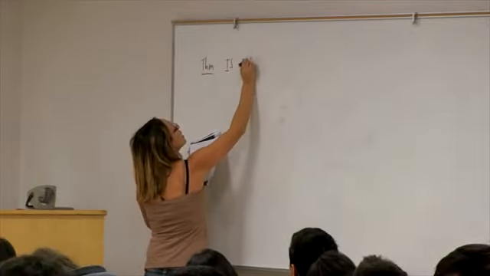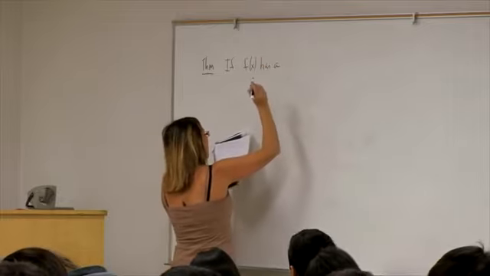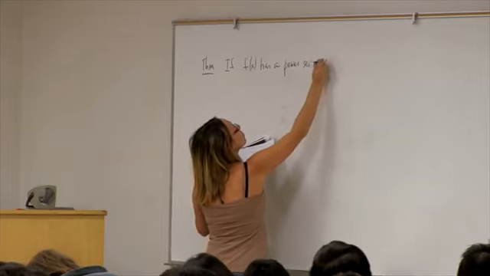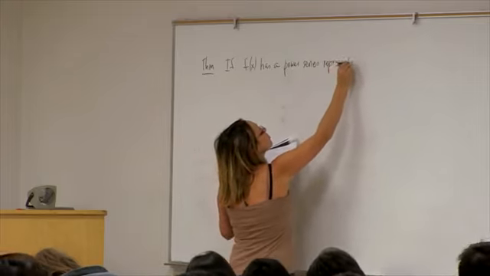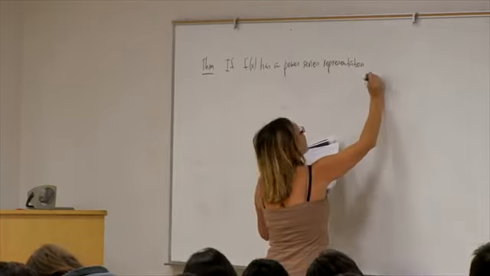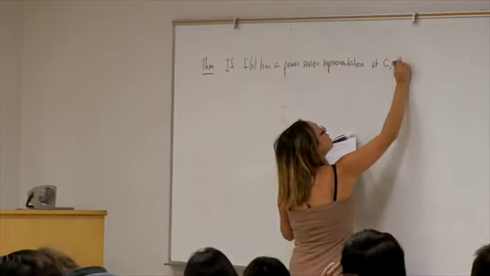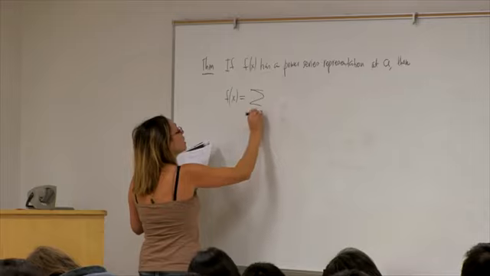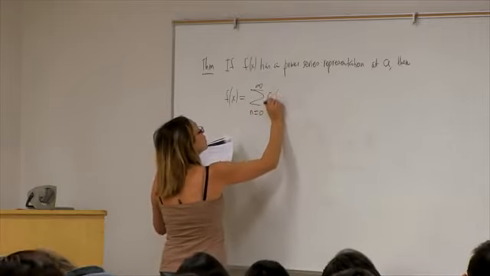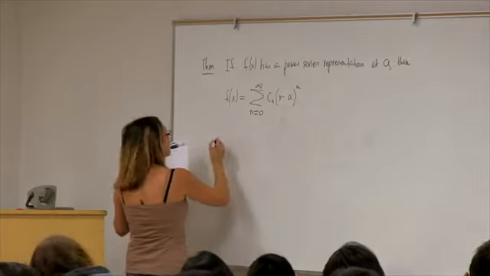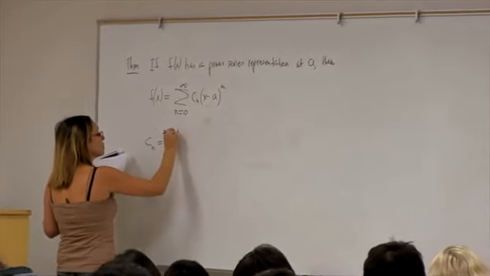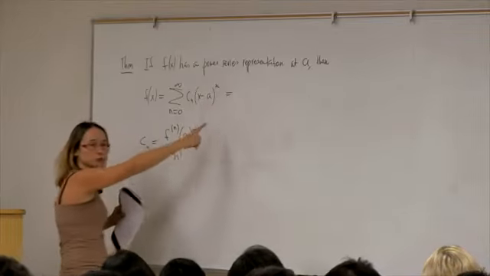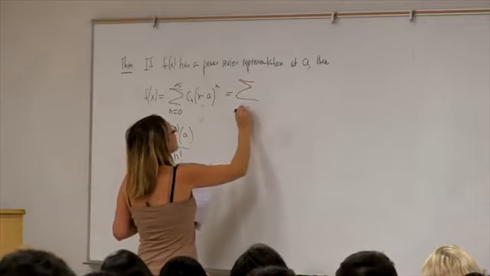If f has a power series representation at A, then f of x is given by this formula, where Cn is f, nth derivative of f at A divided by n factorial, which allows me actually to write this formula in a more explicit fashion.